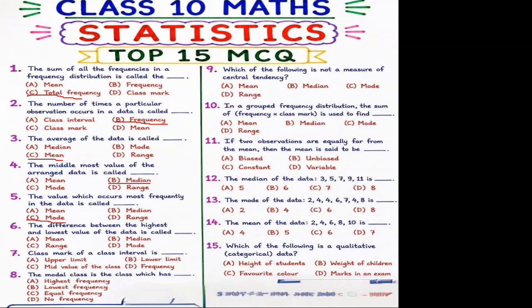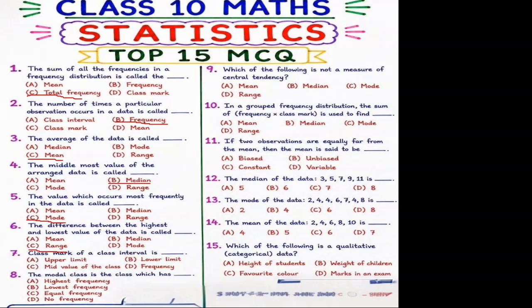Now moving to number six, it says the difference between the highest and the lowest value of the data is called A mean, B median, C range, D mode. The answer for this number six is range. Range is the difference between the highest value and the lowest data.